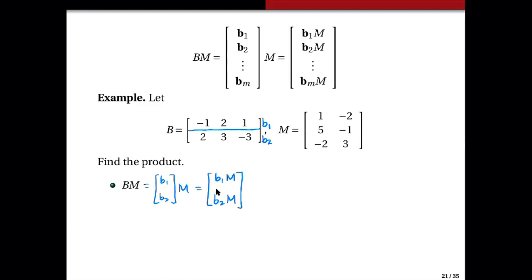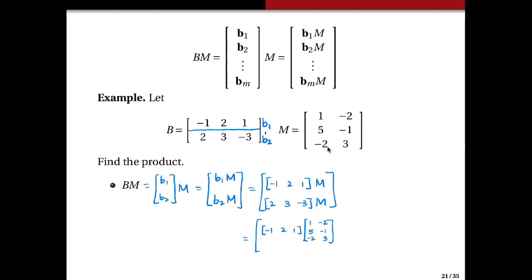If we put in what B1 and B2 are, we have negative 1, 2, 1 multiplied to M. Then here we have 2, 3, negative 3 multiplied to M. Now we put in your M. For the first, we have negative 1, 2, 1 times 1, negative 2, 5, negative 1, negative 2, 3.